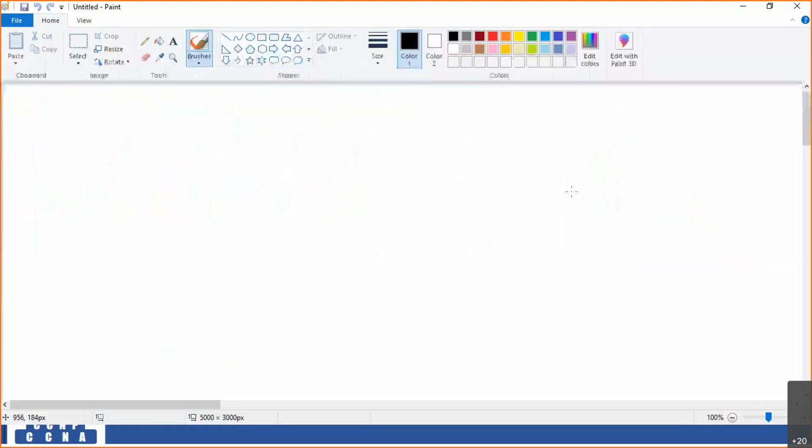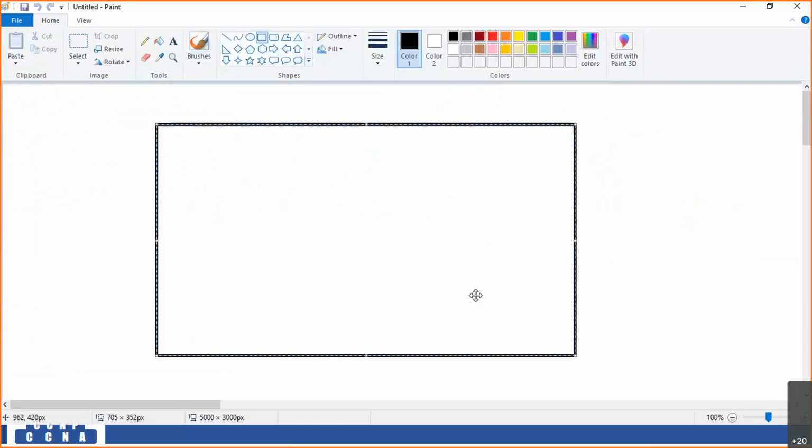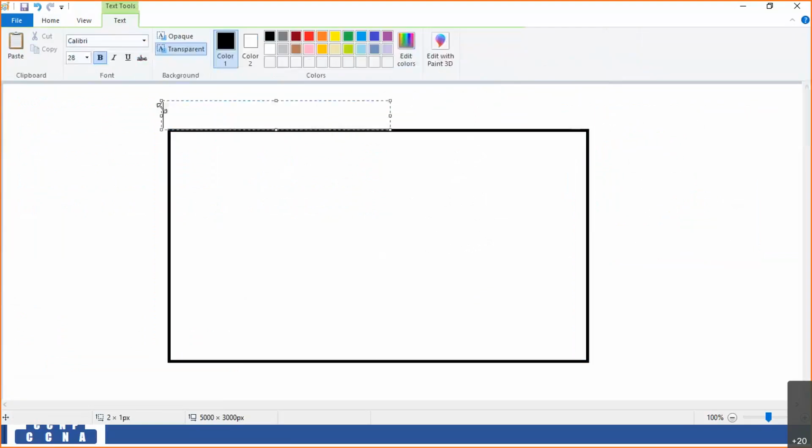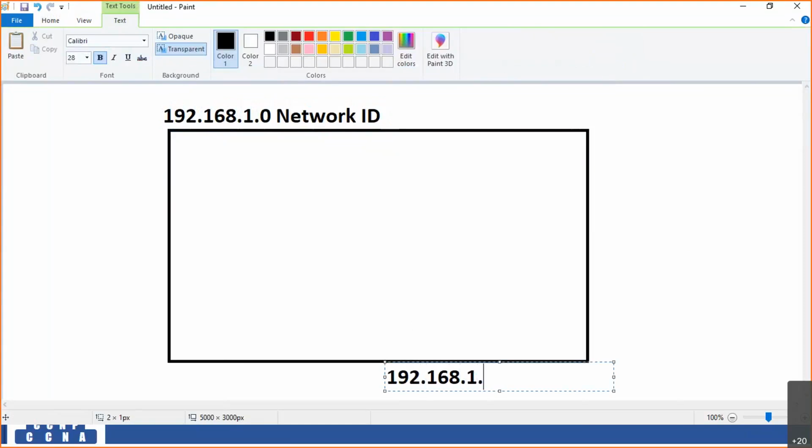For example, I'm taking one network, the base example 192.168.1.0. 1.0 is the network ID, and the broadcast ID is 1.255.